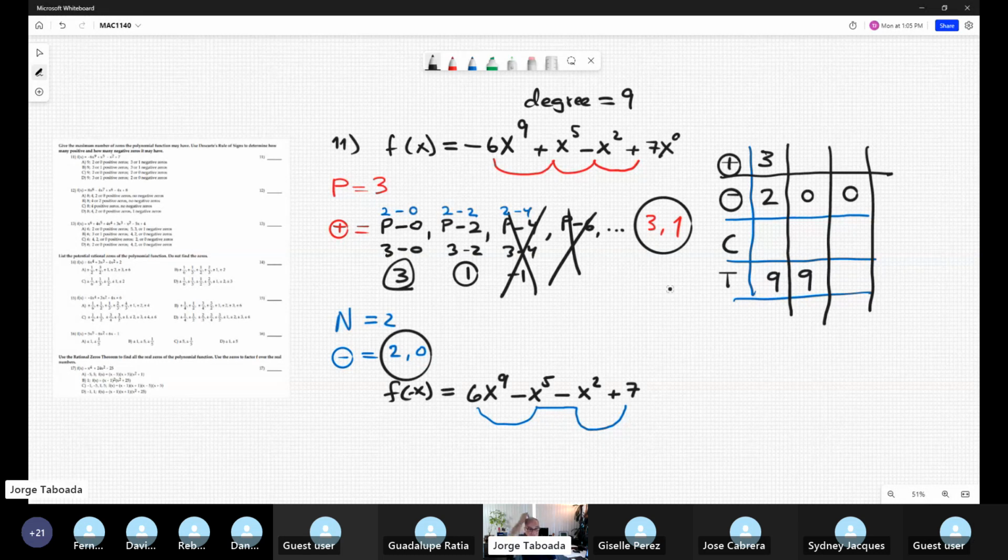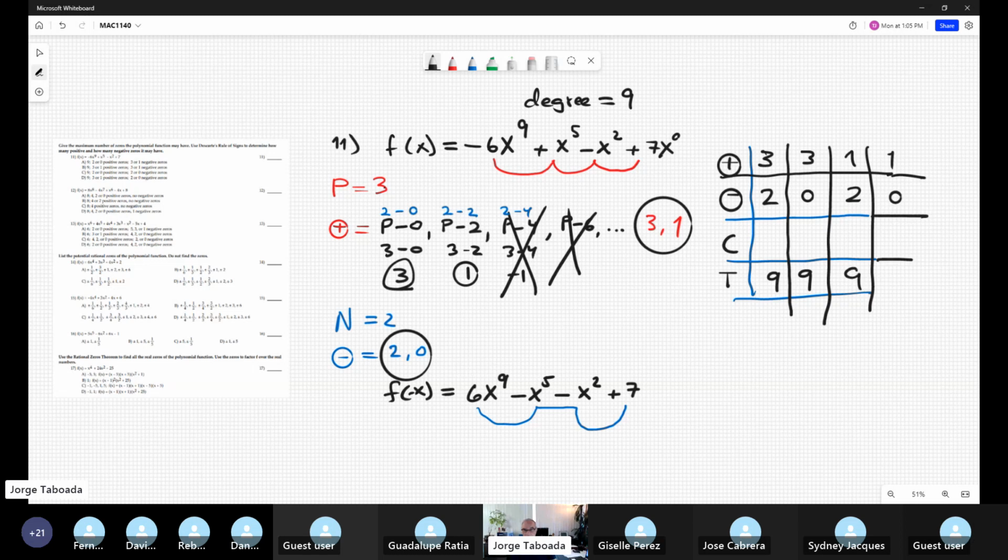And the number of negative real is 2 or 0, so we have 2 or nothing. Entonces 3 and 2, 3 and 0, because you match that combination with this combination. And 1 and 2, and 1 and 0.